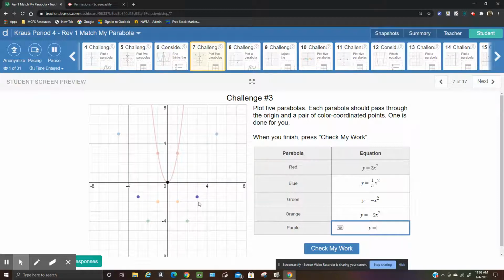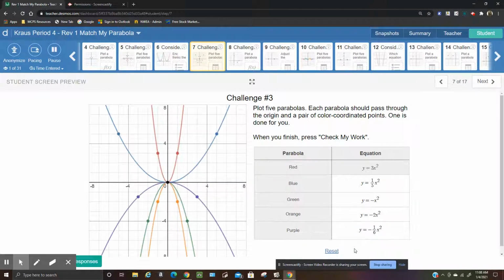So 3 halves divided by 9 is 3/18. So it's negative 3/18 or negative 1/6. And that connects all the points together correctly.